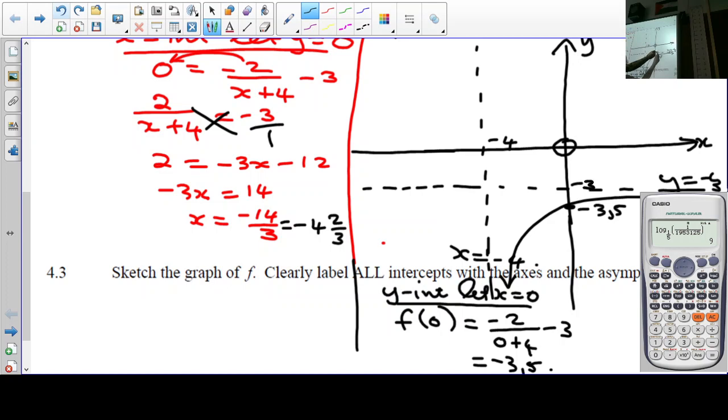This is negative 3. So negative 4.67 is approximately there. So again, the graph comes close, but doesn't touch. And there's your hyperbola graph. Okay? Any confusion? All right.